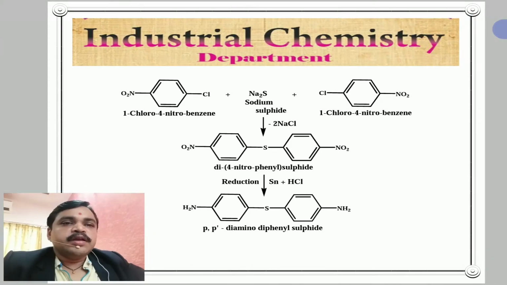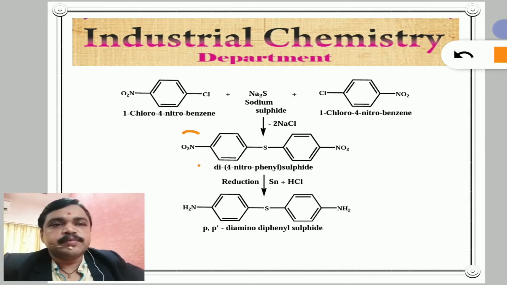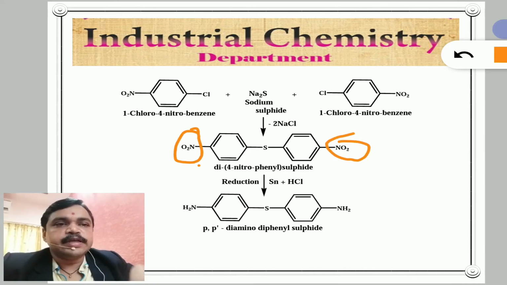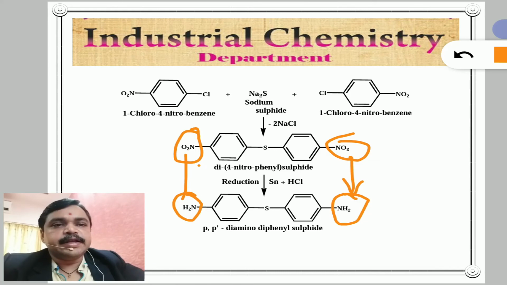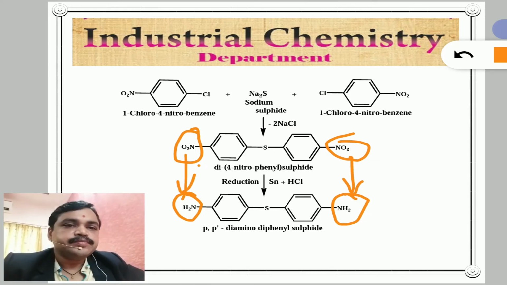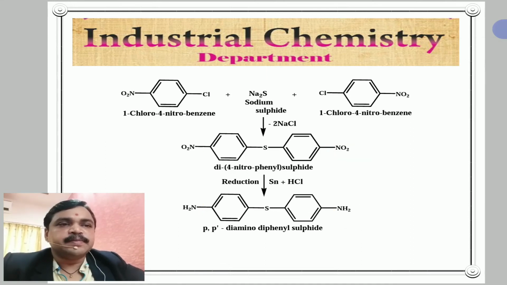So, di-4-nitrophenyl sulfide's nitro groups, both NO2, are converted into NH2. After reduction we get para-para'-diamino diphenyl sulfide. It is the metal acid reduction of di-4-nitrophenyl sulfide.